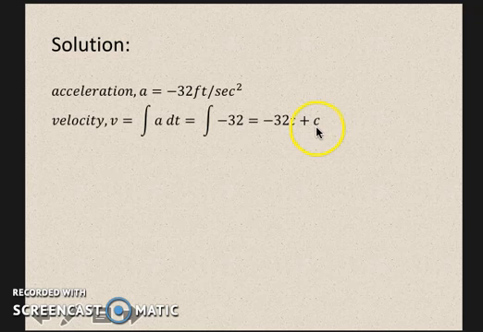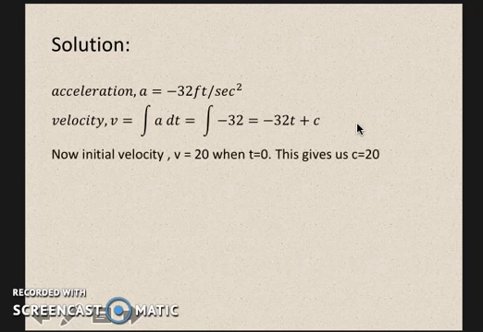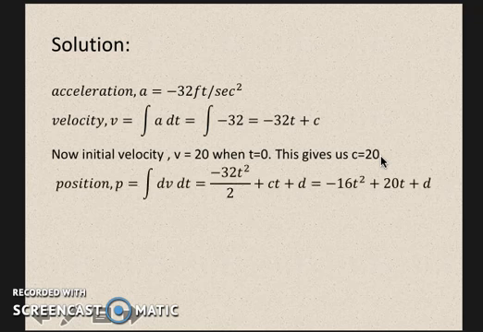So negative 32t plus c. Now initial velocity is 20, that's given. That means at t equals 0, your velocity is 20. When you plug this value in here for t equals 0, and the velocity is 20, you get c equal to 20.